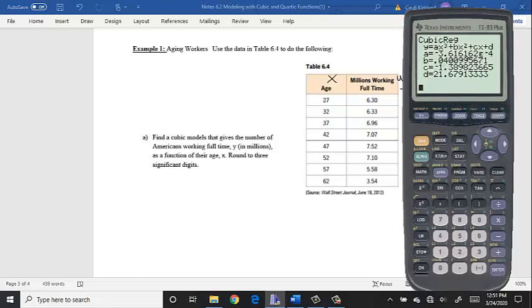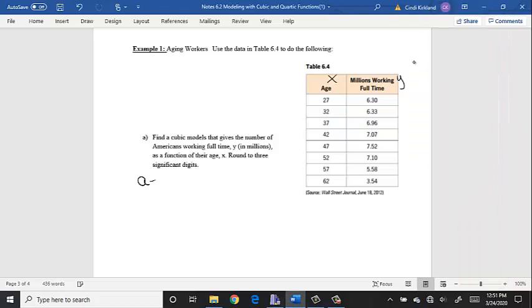So look at the very first A, 3.616162 e to the negative 4. That e to the negative 4 tells me that it's written in scientific notation. It tells me again that I'm going to move my decimal 4 places to the left. So that means I'm going to move it 1 place, so it would then be in front of the 3, and then 3 more times would give me 3 zeros.